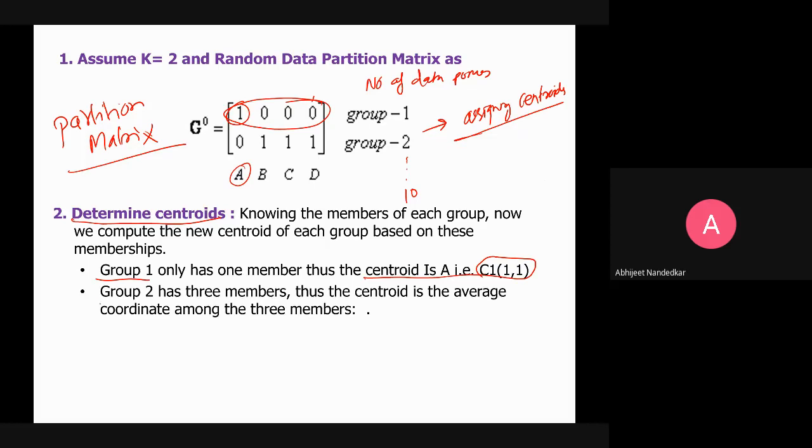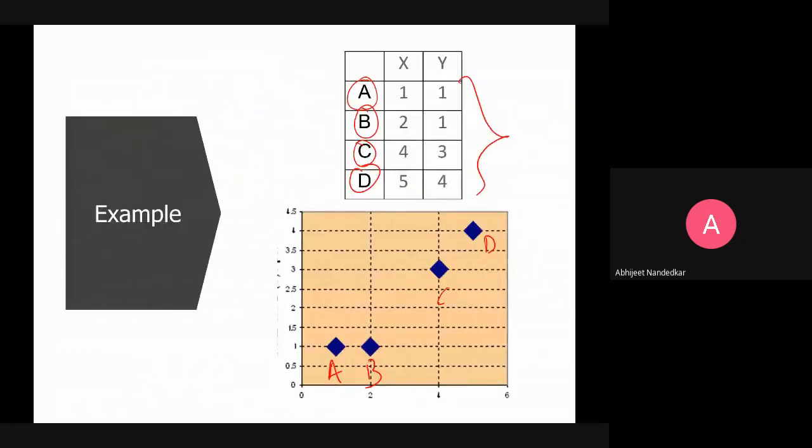Group 2 has 3 samples, B, C, D, so its centroid is the average point of these 3 samples.